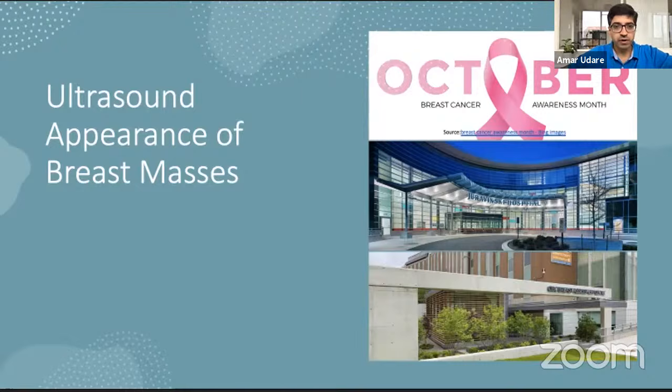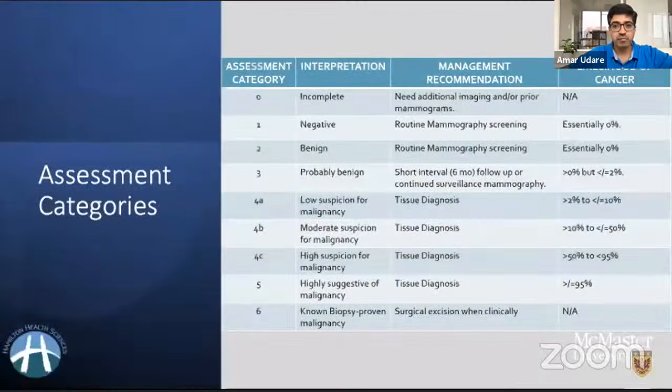So remember, before we jump into the session, always remember to revise your BI-RADS assessment categories, because this is something which you are going to give in your reports. When you assess any case with any breast symptoms, or even if you're doing it for screening purposes, make sure that you're using the right BI-RADS terminologies. So again, I will not spend a lot of time here. You can find all this information on the American College of Radiology website.